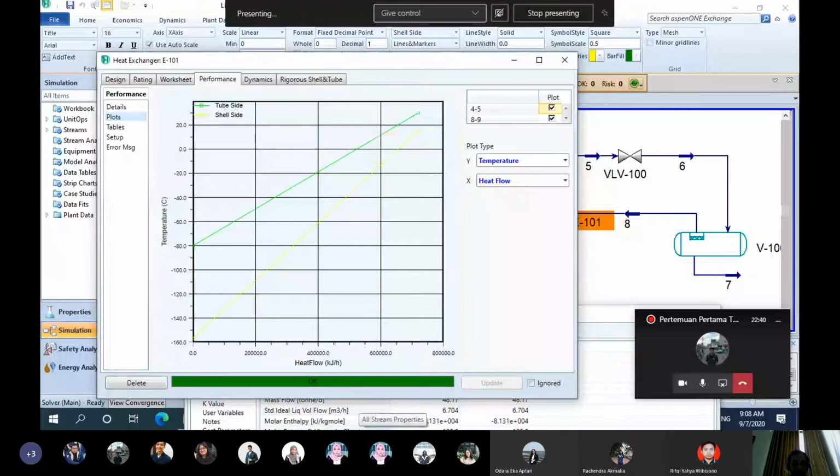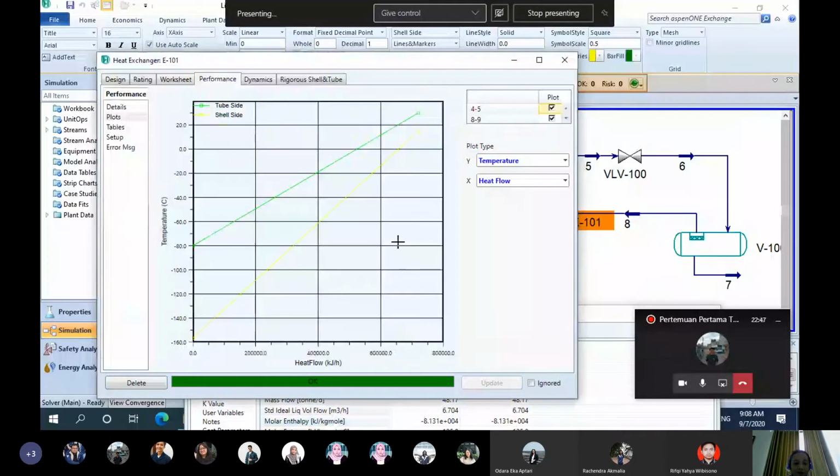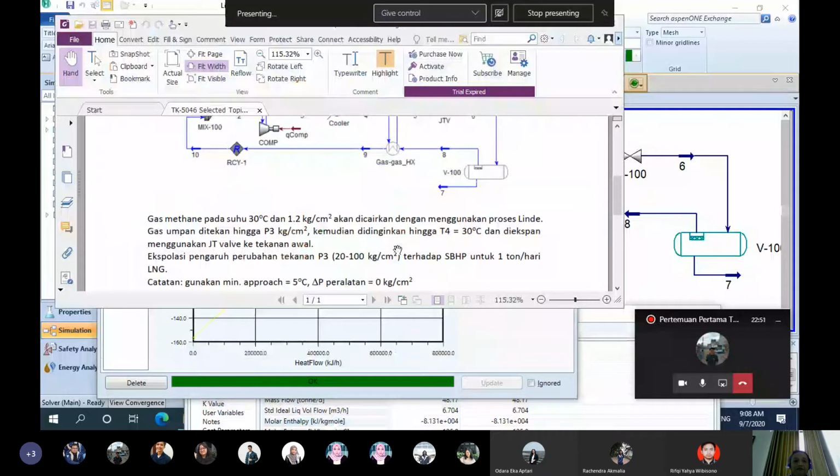But again, based on our problem definition, I can go back to the problem definition here. We should have a minimum approach of 5 degrees C.